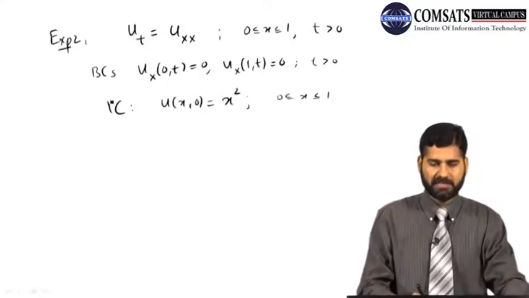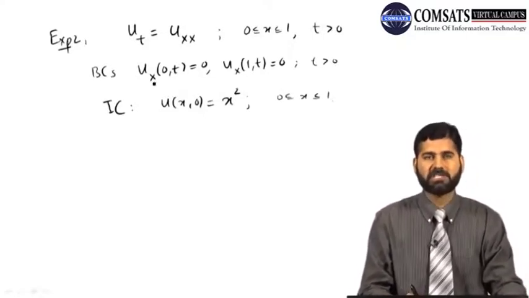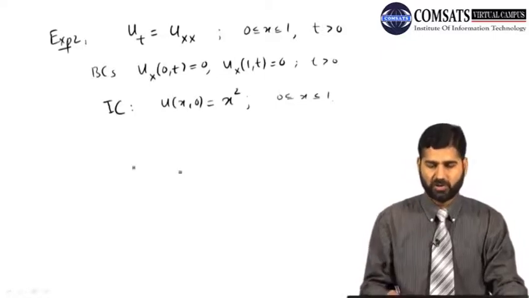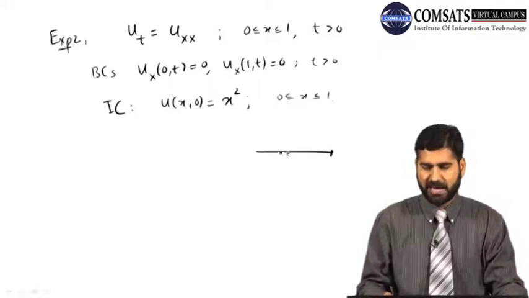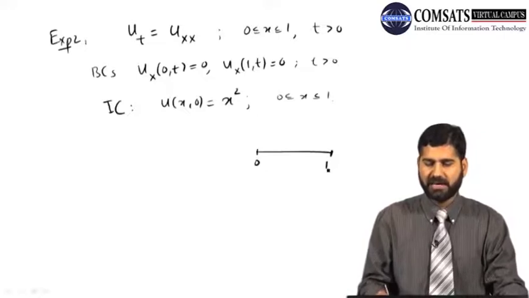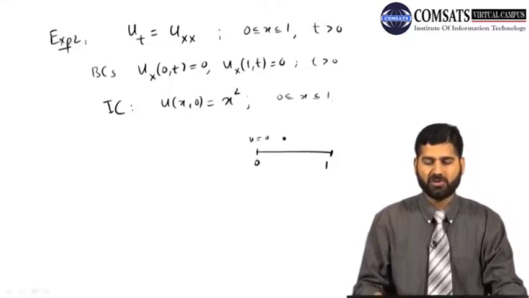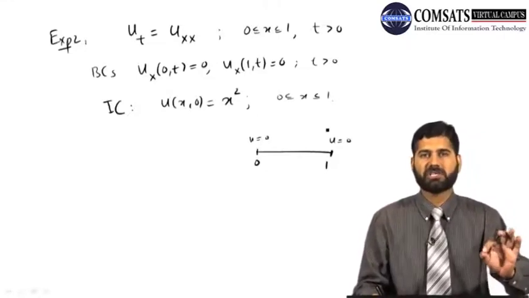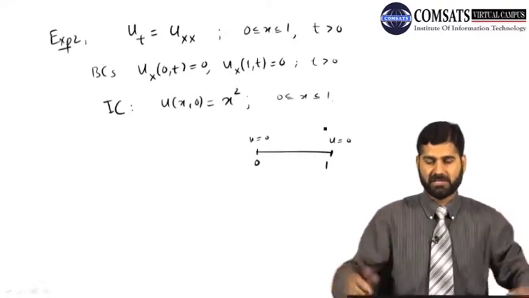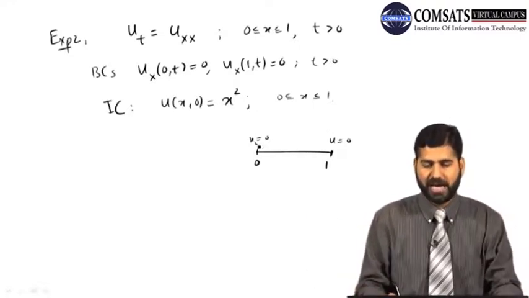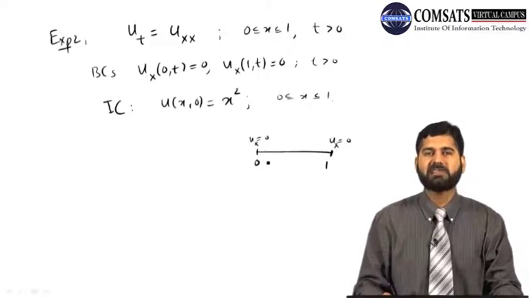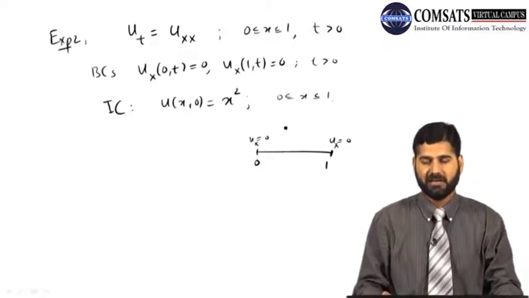So now you see, instead of taking the prescribed temperature, we took the derivative at 0. Before that, at 0 and 1, u was 0, u was 0. It means the prescribed temperature. At the ends, there is 0 temperature. But when we take u_x equal to 0 at the end, it means the ends are insulated.